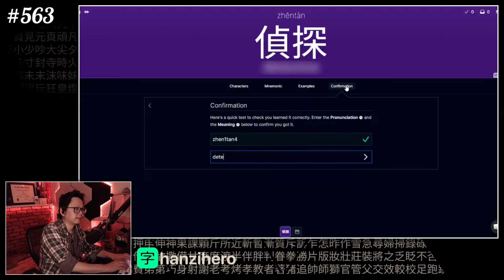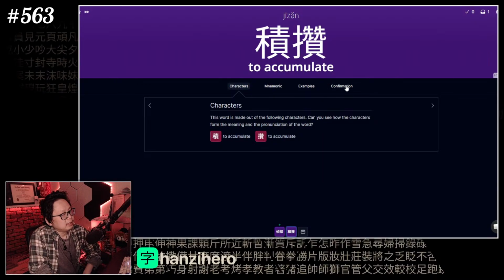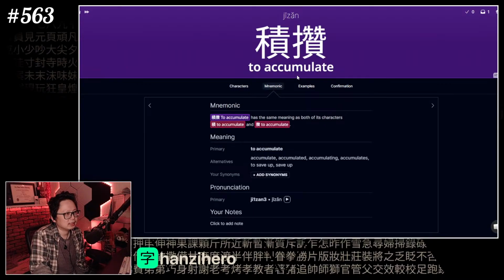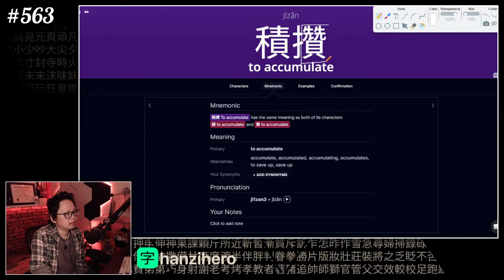侦探、积攒、 积攒, accumulate, 积, right? Accumulate and then 攒, which is also accumulate. Okay, double accumulate. I feel like I've added this in the dictionary. Possibly. 积攒. So this is the other 攒. So we have two 攒s. This 攒 there with accumulate. There's also 攒, which is what? I wanted to say it's praise, but I don't think so.